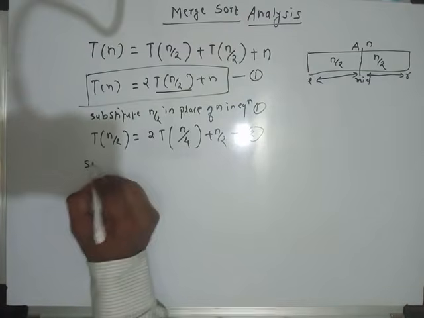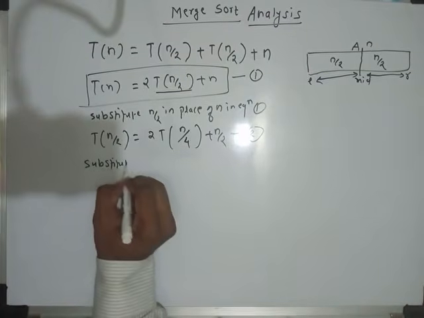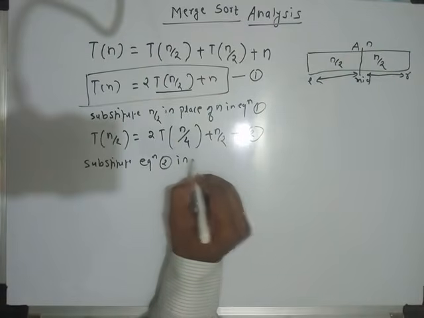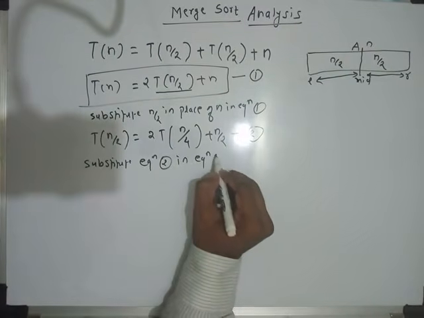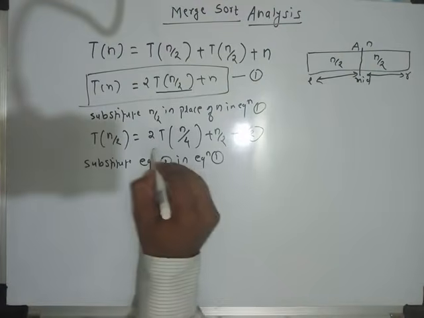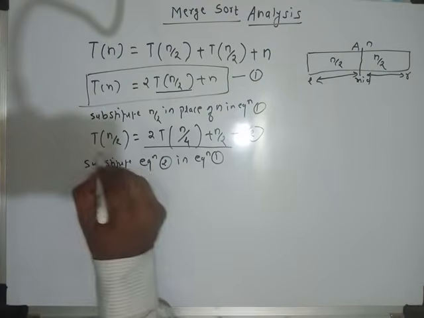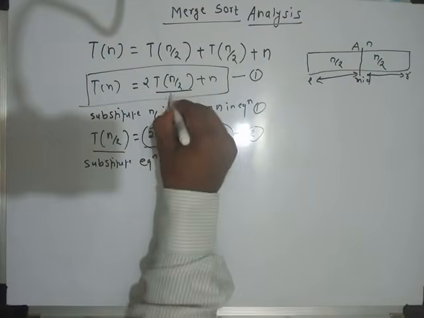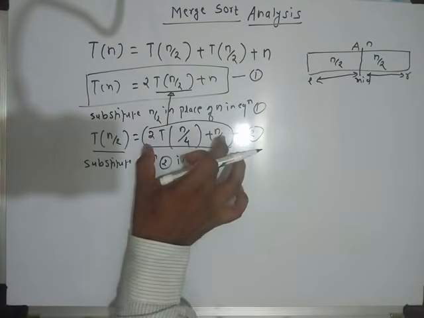Now substitute equation 2 in equation 1. We are substituting this equation 2 in its entirety in place of t of n by 2 here.